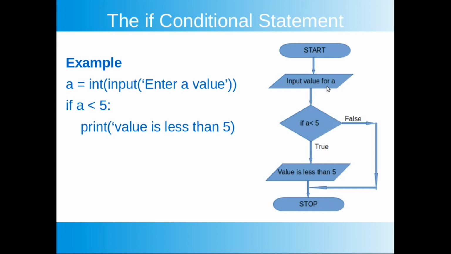The program starts by executing line number 1, where you have to input a value for A, and then it will check the if condition, that is, whether the value you have input is less than 5 or not. If the value is less than 5, the condition becomes true and the statement inside the if block, that is, value is less than 5, will be printed and then your program will stop. But if the condition becomes false, that is, if the value is not less than 5, then it will not print anything and your program will stop.